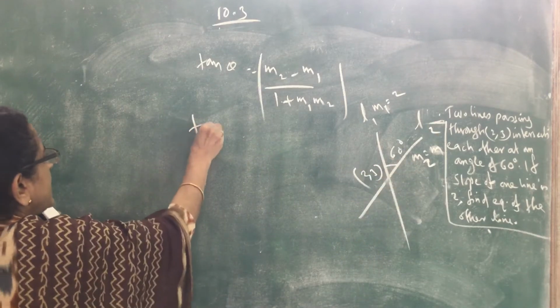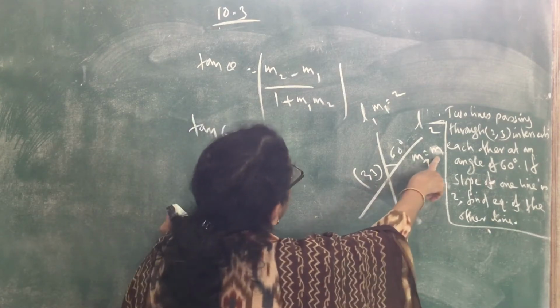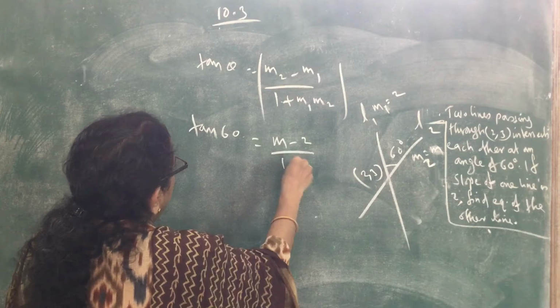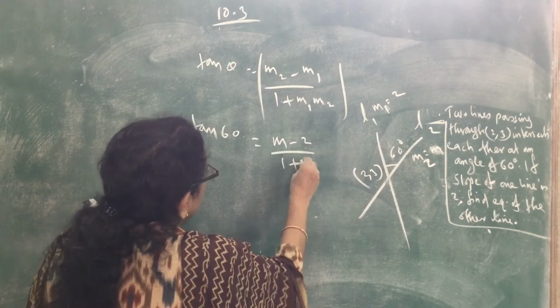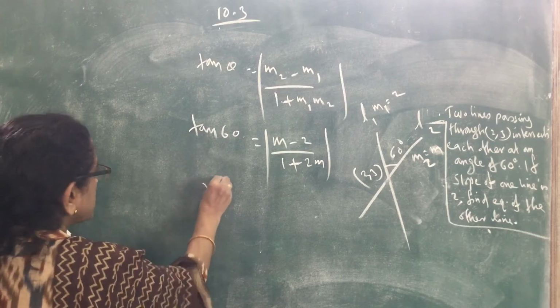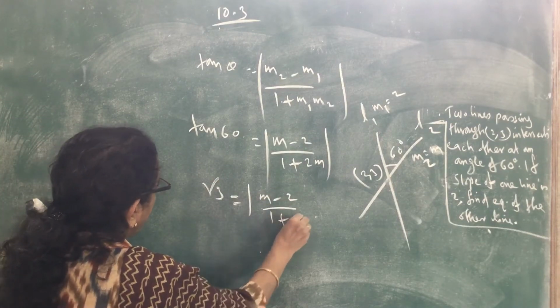So tan 60 equals modulus of (m2 minus m1) by (1 plus m1 m2). m2 is m, m1 is 2. So tan 60, root 3, equals modulus of (m minus 2) divided by (1 plus 2m).